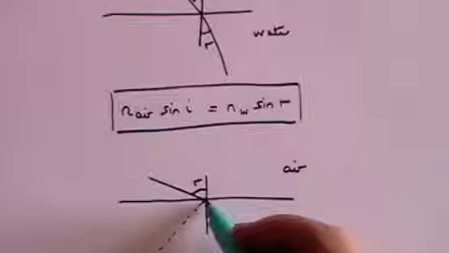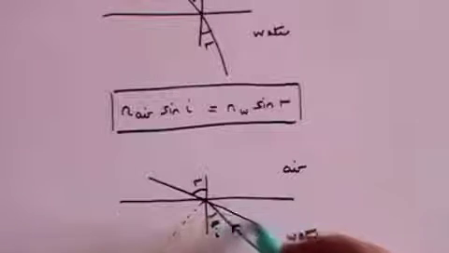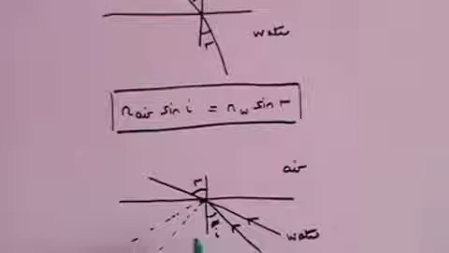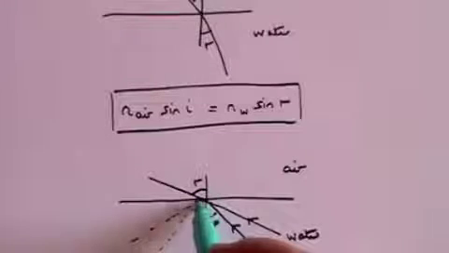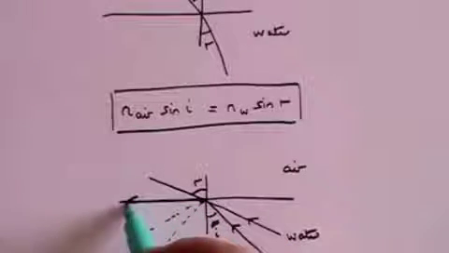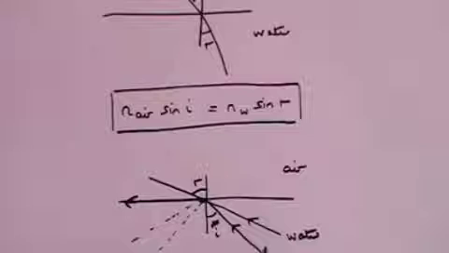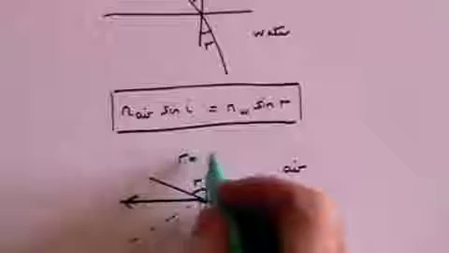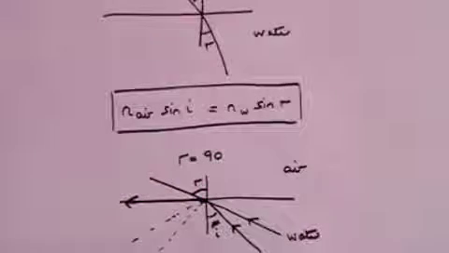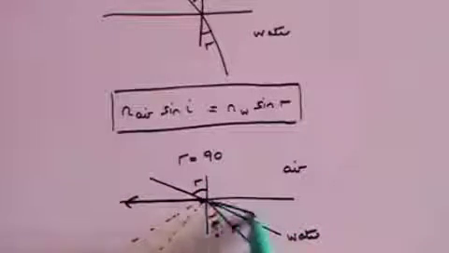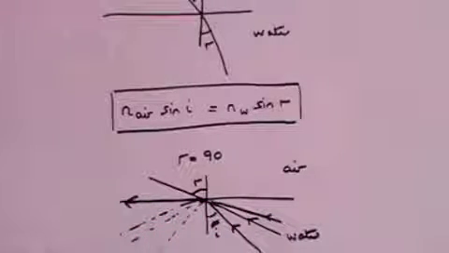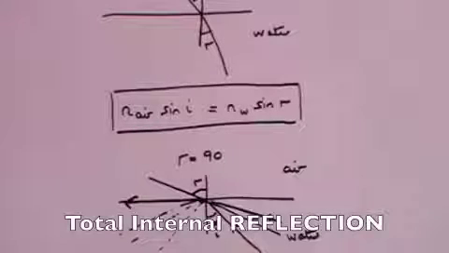Now I think you can see that if you move this light round so that it's coming in like that, again, some of it will be reflected, but the refracted light will just travel along the surface of the water. And at that point, the angle of refraction is 90 degrees. And if you move this up any further, then all the light will be reflected, and that's called total internal reflection.